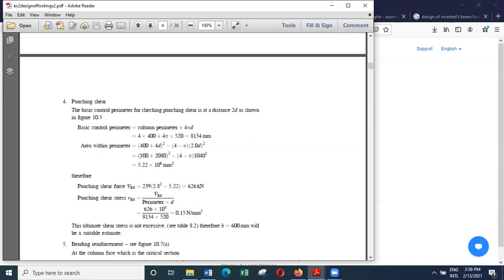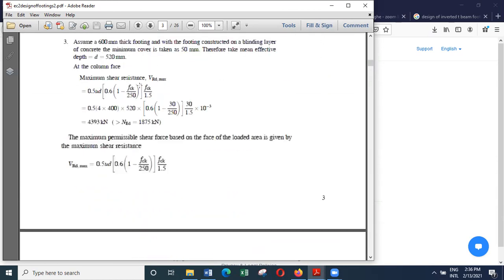And then you can see that when you substitute 520 and 30 megapascal concrete, the load to cause crushing failure of this 30 megapascal concrete with a column of 400 by 400 is 4,393 kilonewtons, and this is well above the 1,875 kilonewtons maximum load that is acting through the column onto the foundation.